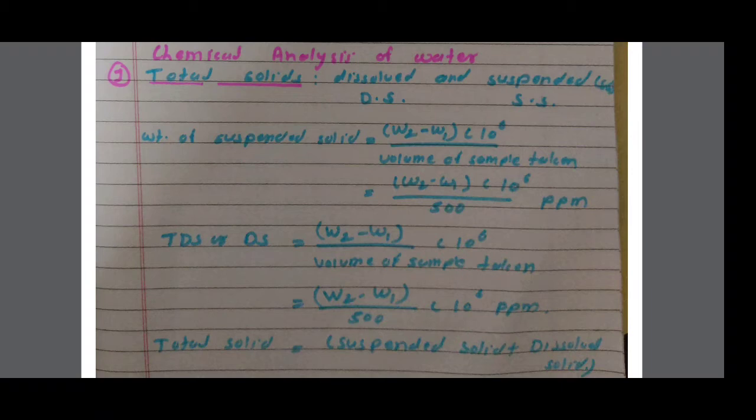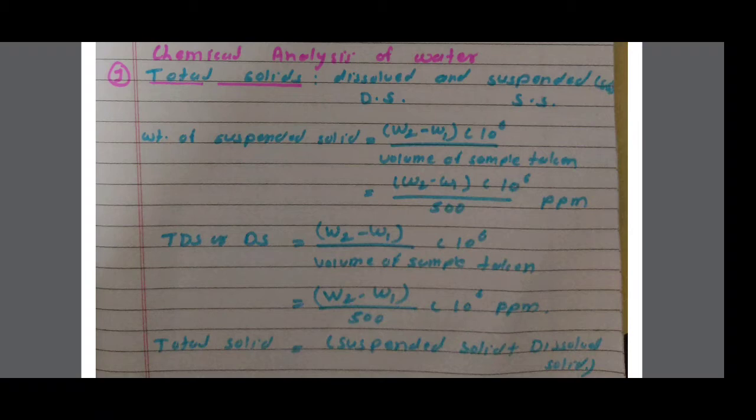Therefore total solid is equal to suspended solid plus dissolved solid, that is, total solid equals DS plus SS. This is the total solid, the first chemical analysis of a water sample.